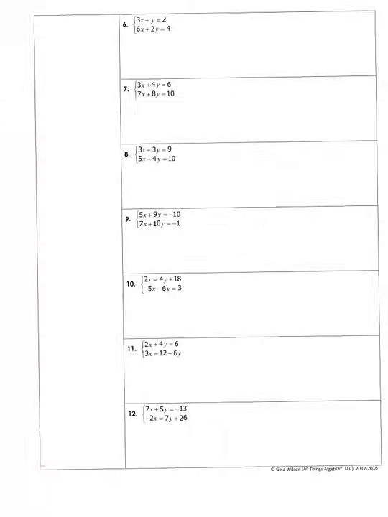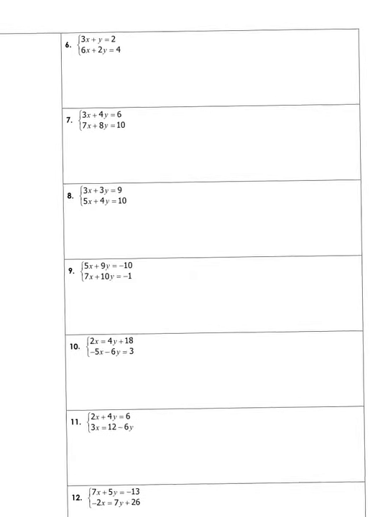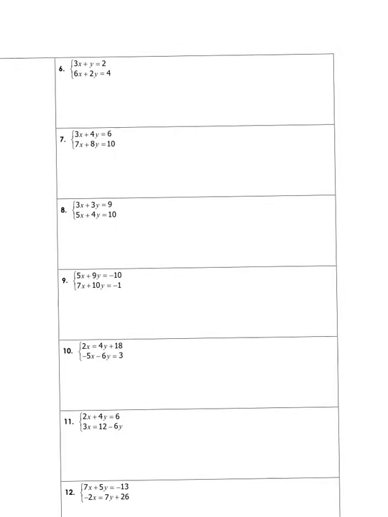All right, a few more examples. Number 6. I can multiply the first equation by 2 and cancel out the y terms by subtracting the two equations. So let's do that. I get 6x plus 2y equals 4. And then we're going to subtract 6x plus 2y equals 4.